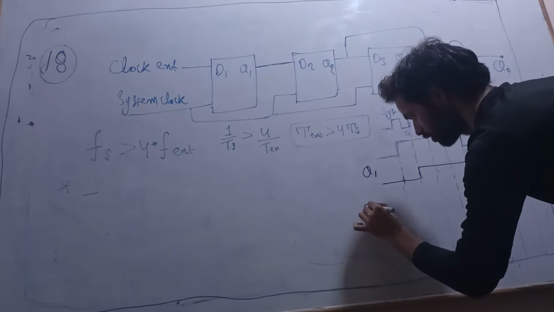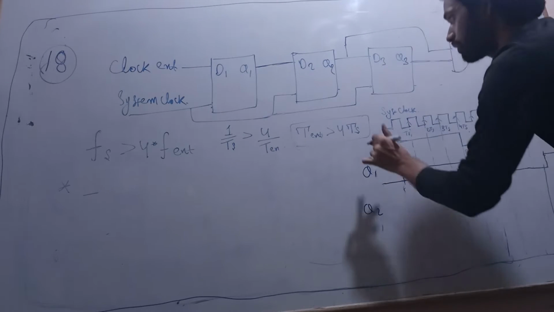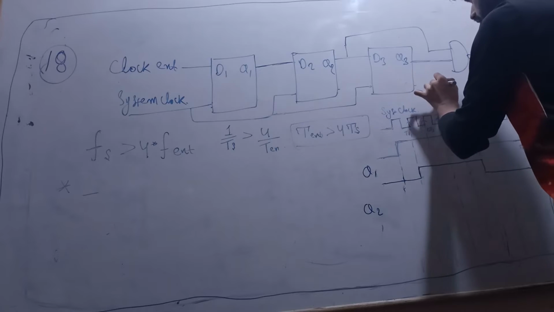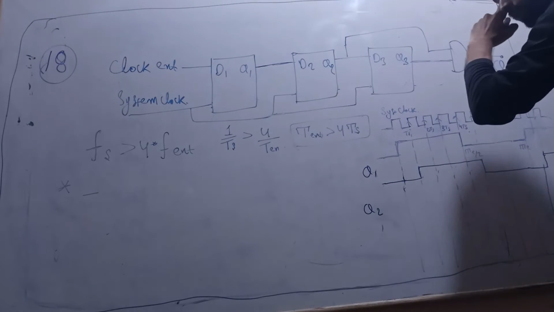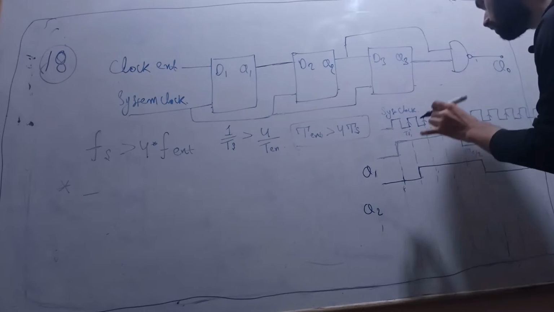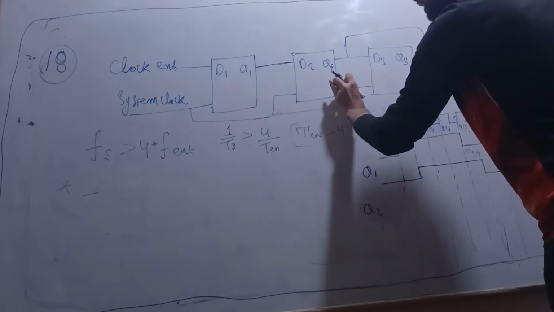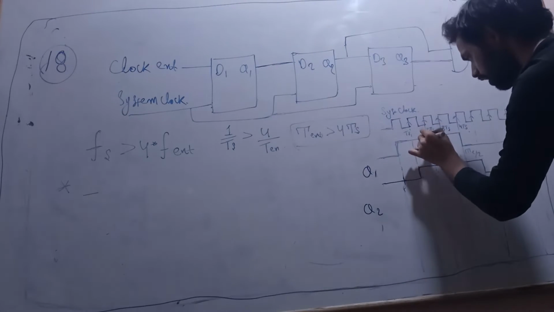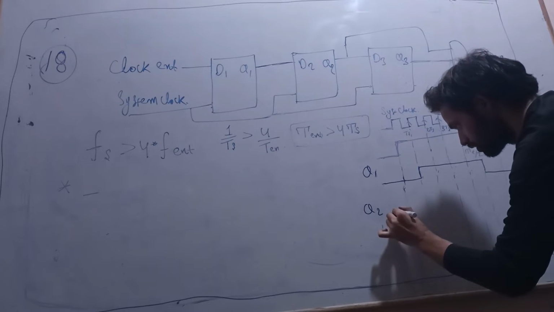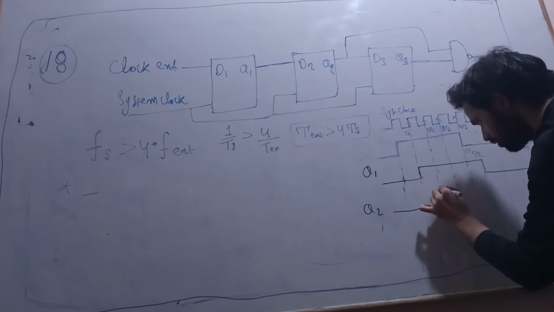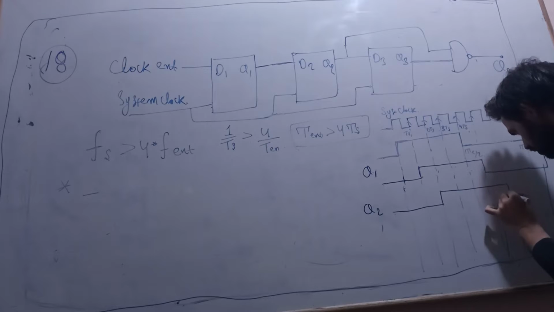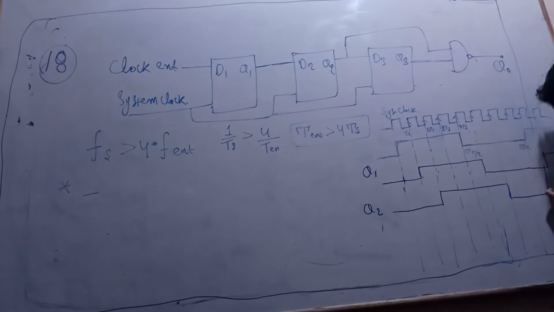For Q2, again it will get delayed, because a D latch means it is delayed. Q2 will get delayed by 1 more cycle, so by 2 cycles in total up to this. This is my second.